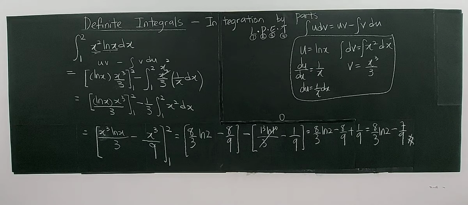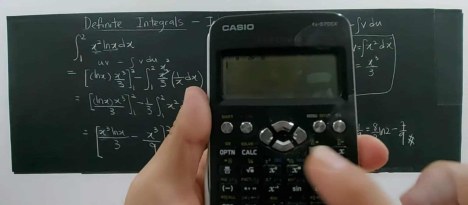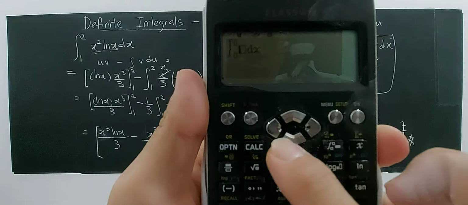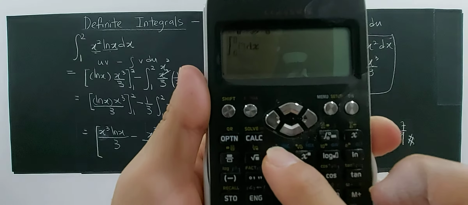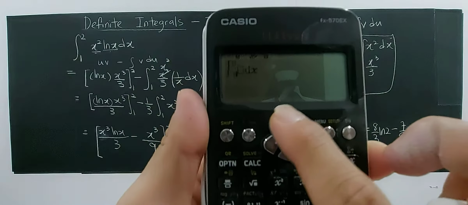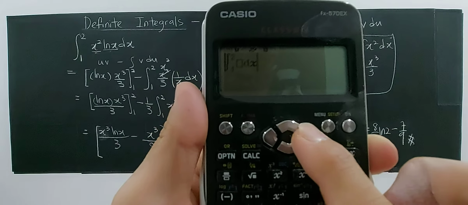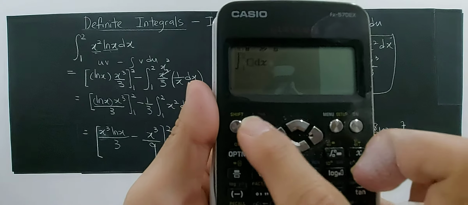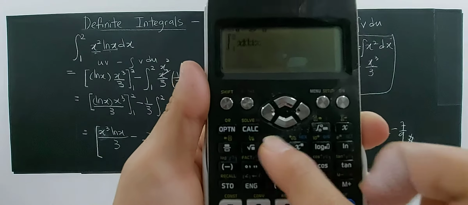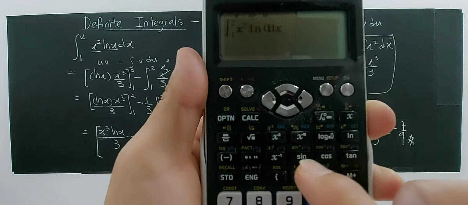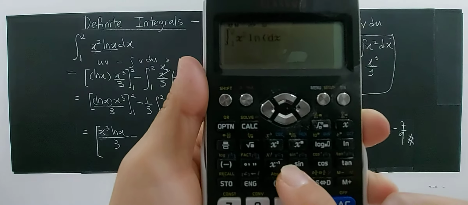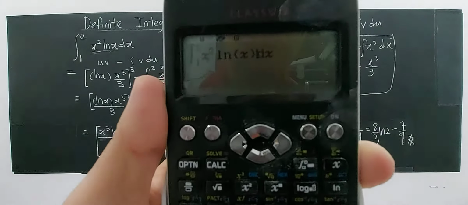For integration by parts, you can also use a calculator to evaluate. Let's try it. Integrate as usual: key in the limits from 1 up to 2, then the integrand x to the power of 2 ln x.